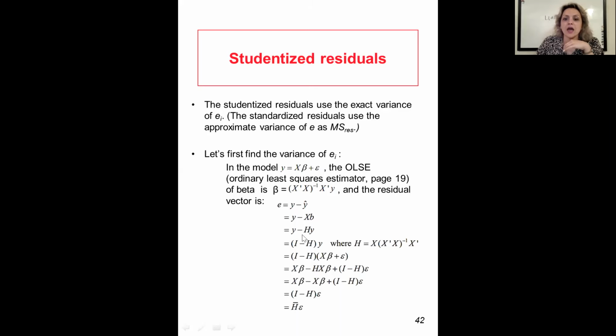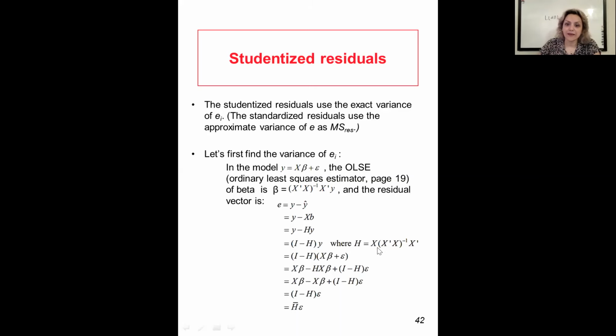And then here we defined the hat matrix. The hat matrix is equal to X times (X'X) to the power minus 1 times X'. It's just easier when you write it down.